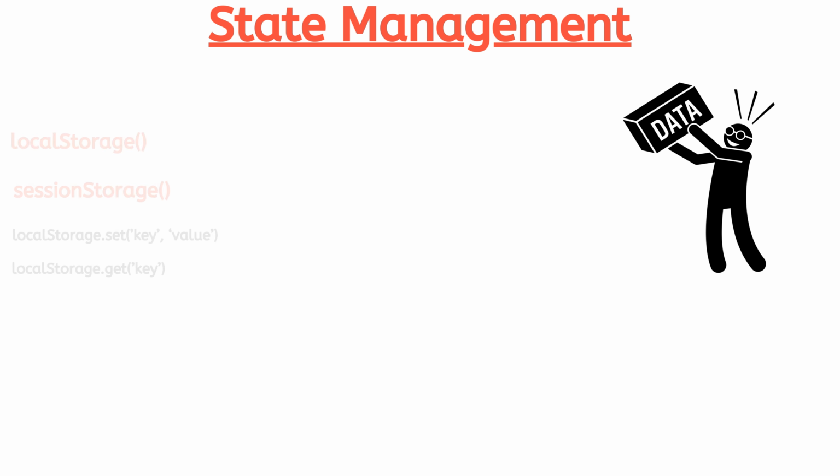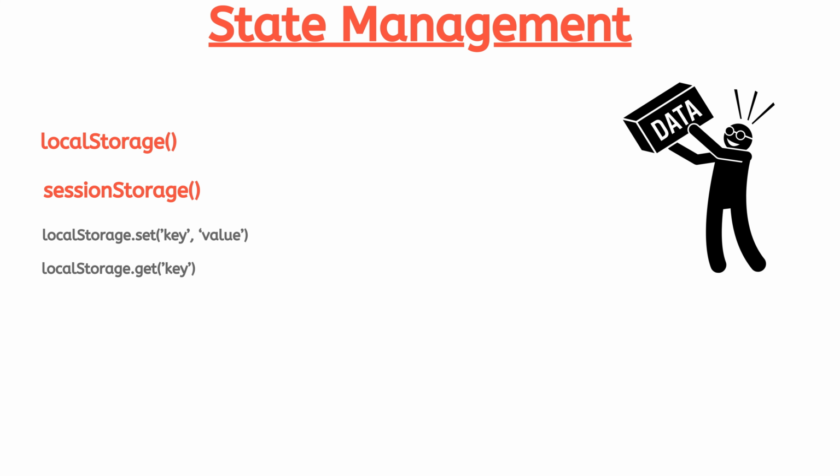There are other ways to manage the state in Angular, but they are not recommended in production applications. The first one is local storage and the second one is session storage. These two are JavaScript based, and you can set the data using localStorage.setItem with key comma value. To get it, you can call localStorage.getItem and pass the key, and it will give the value.